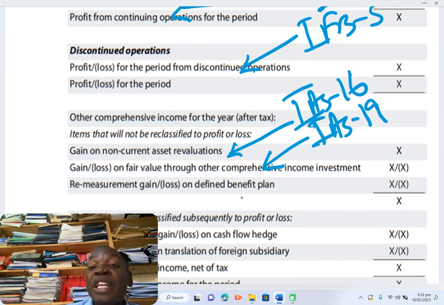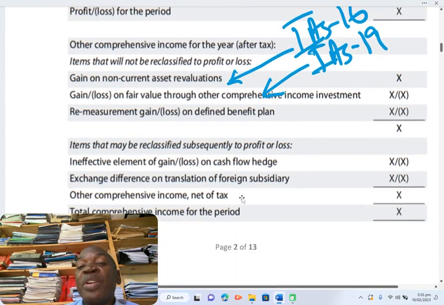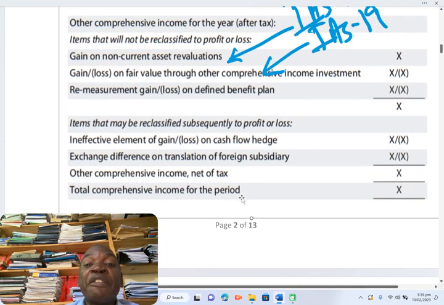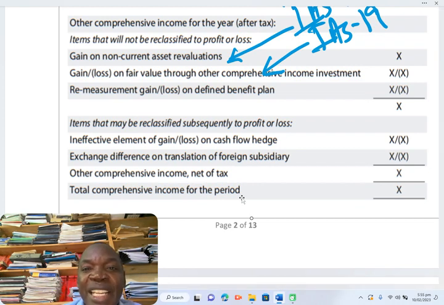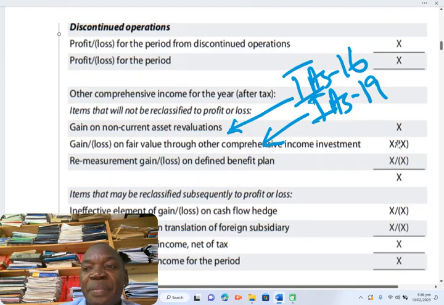When they get revalued, you can measure the gain on bonds which are held for a defined benefit plan. So these are some of the items that meet standards.